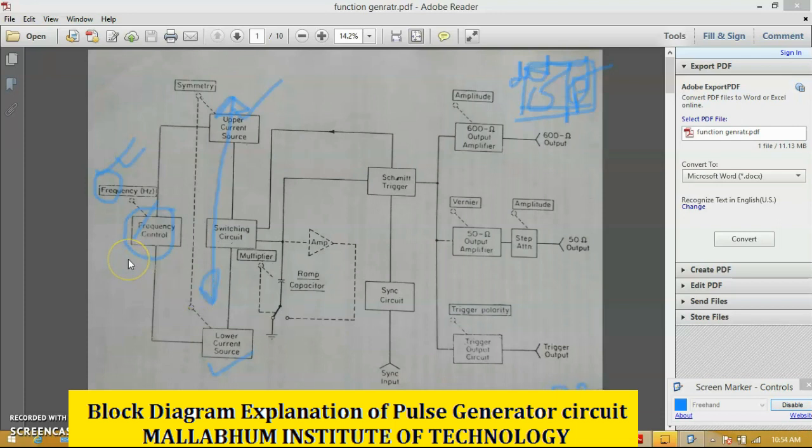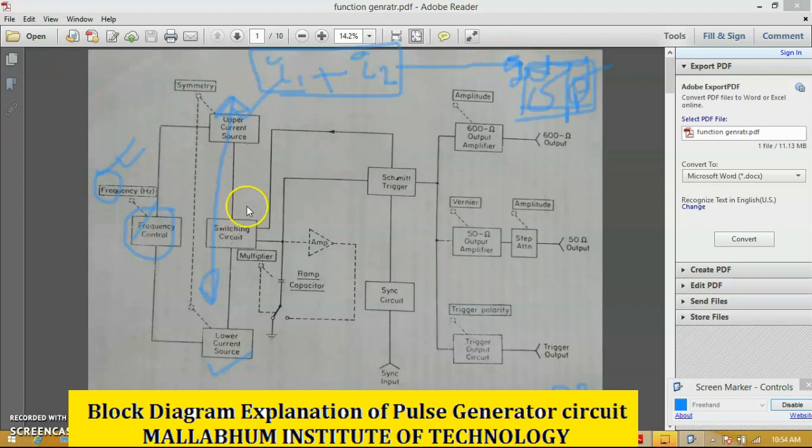So in the actual circuit, if we change the knob of the frequency in this block diagram, the sum of the upper current source and the lower current source is going to change, which in turn determines the duty cycle of the output waveform.